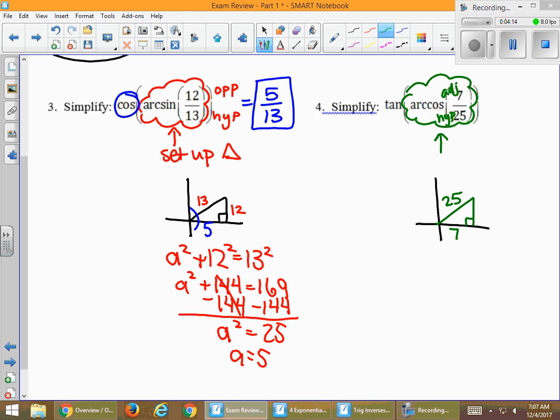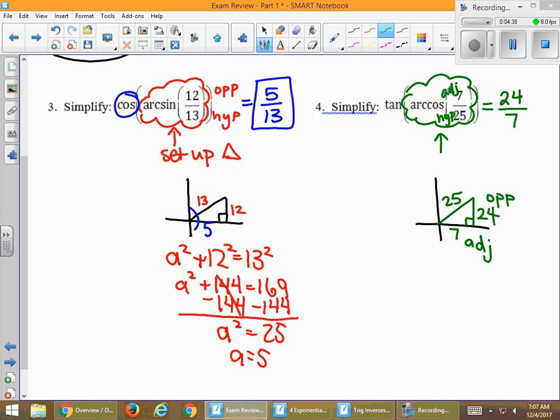This is also a special right triangle, and you can solve for the missing side if you would like. I will tell you that it is 24. You can do the Pythagorean theorem, absolutely. And then tangent is opposite over adjacent. So this whole thing is equal to 24.